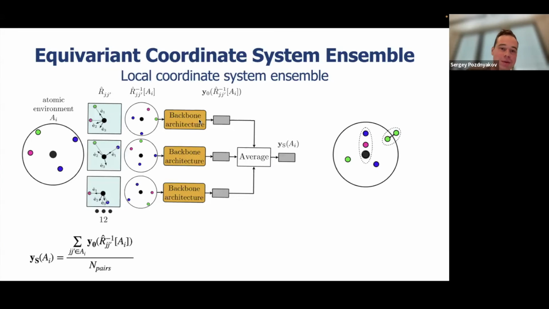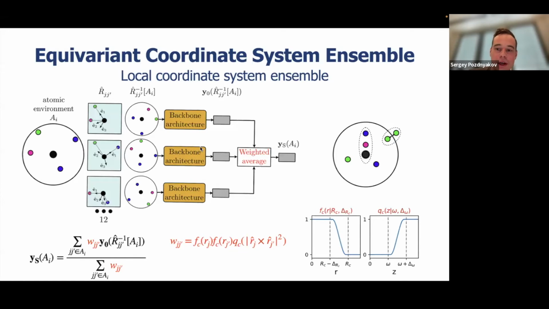I stopped at the moment that there are still a few sources of discontinuity, and actually it is possible to solve this problem by a single mechanism by introducing weighting. Instead of the plain average, we use a weighted average.